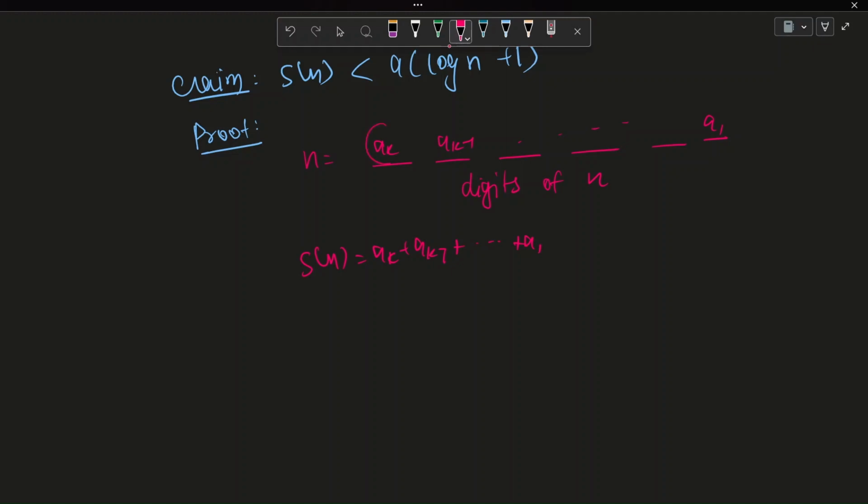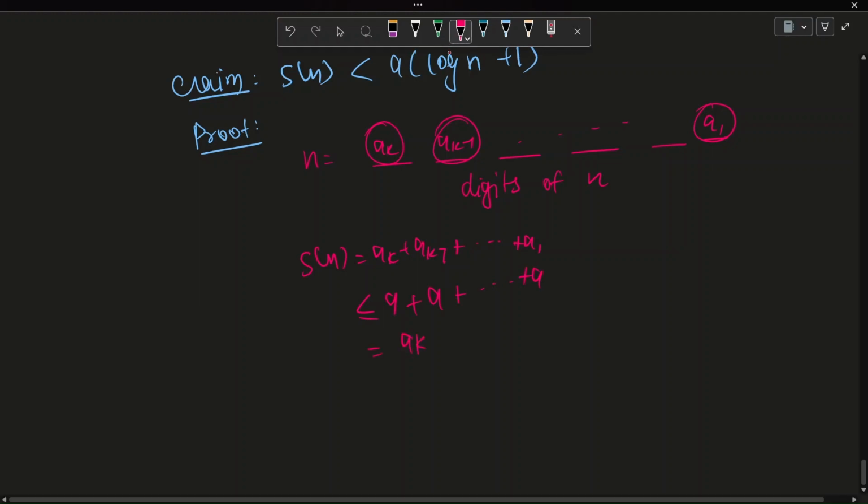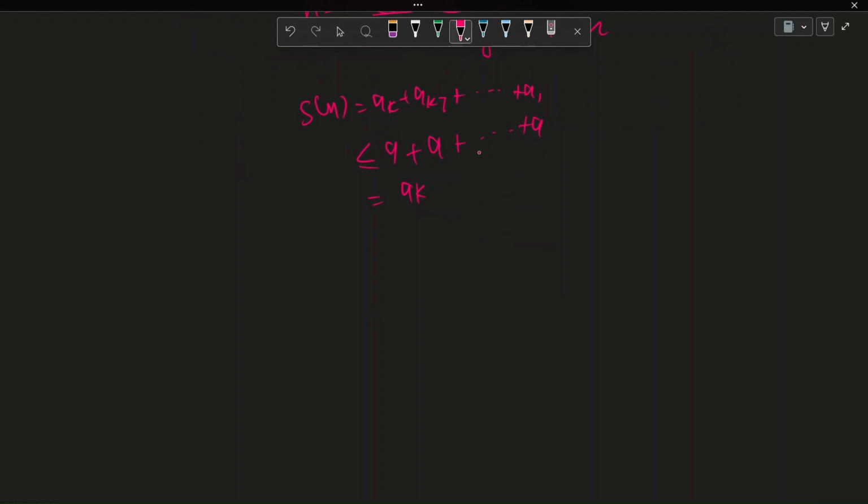And notice that each of these numbers is at most 9, because a digit can be at max 9. So we can write that this is less than or equal to 9 plus 9 plus 9 up to 9, and how many times is 9 there? This is precisely k times. So 9 times k. So s of n is less than or equal to 9 times k.